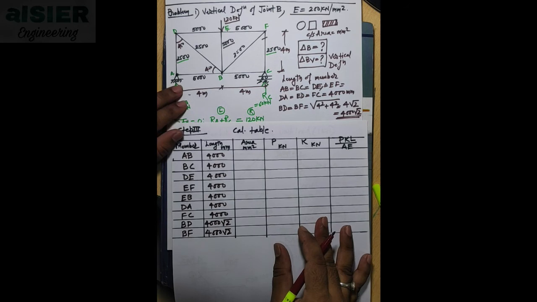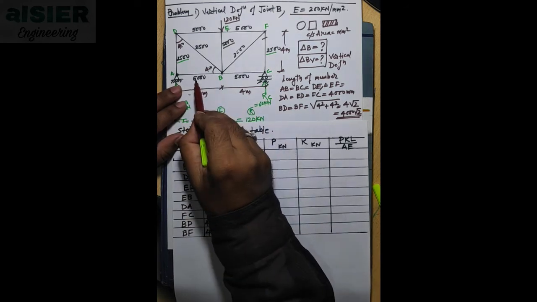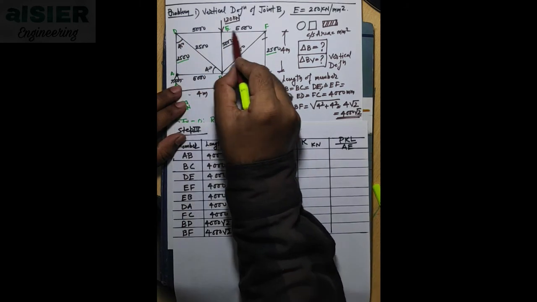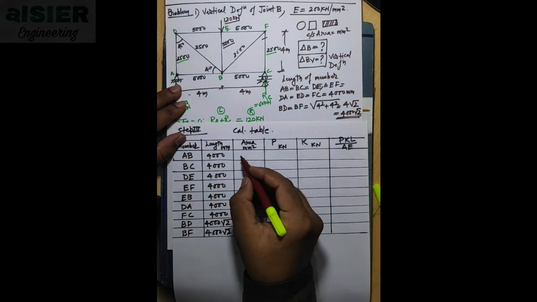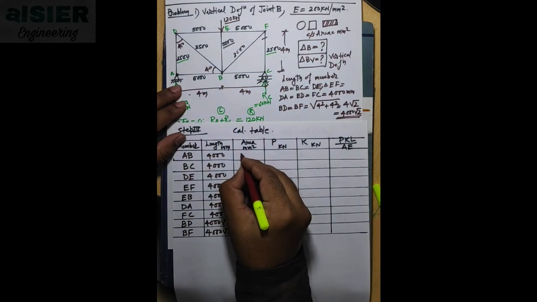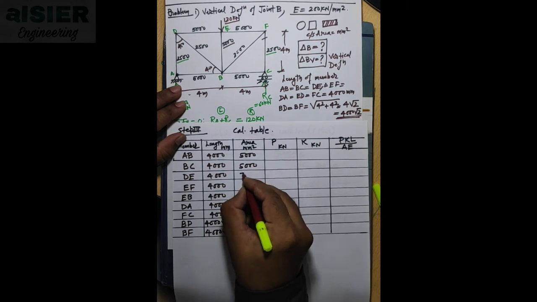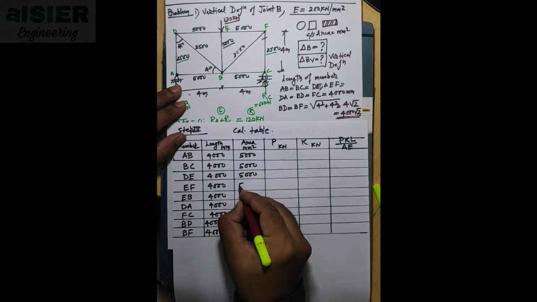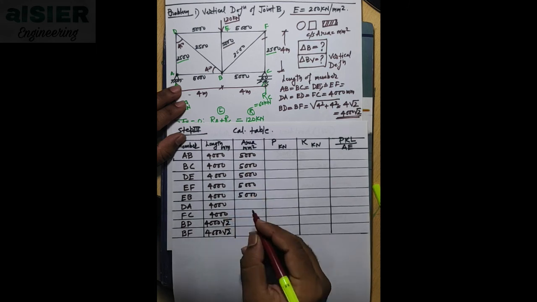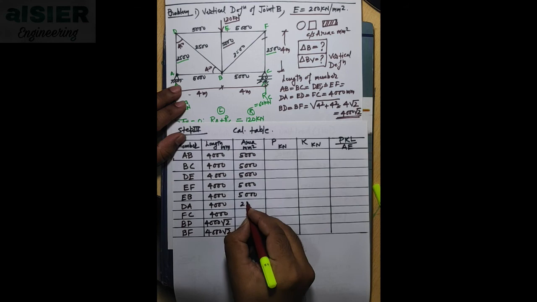Then we will write down the area. The area for the five members AB, BC, DE, EF and EB is 5000, and for all other members it is 2500.